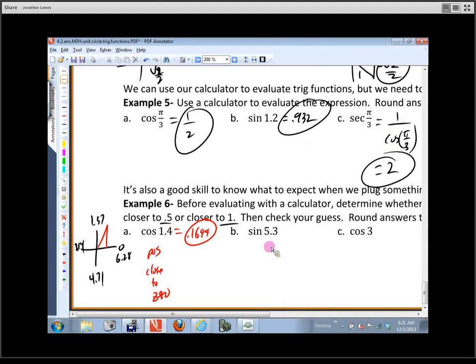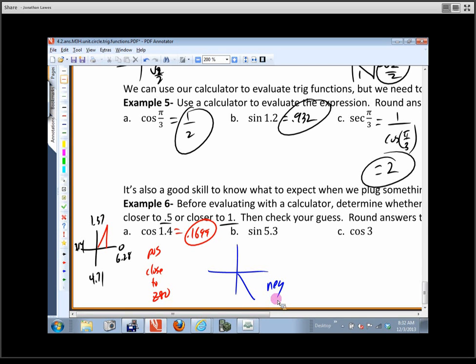So feel pretty good about that. Sine of 5.3. If that's 6.28 and that's 4.7, I'd say 5.3 is probably somewhere about there. It's the sine. Do I want the y coordinate or the x coordinate? Y coordinate. Y coordinate right here would be negative.